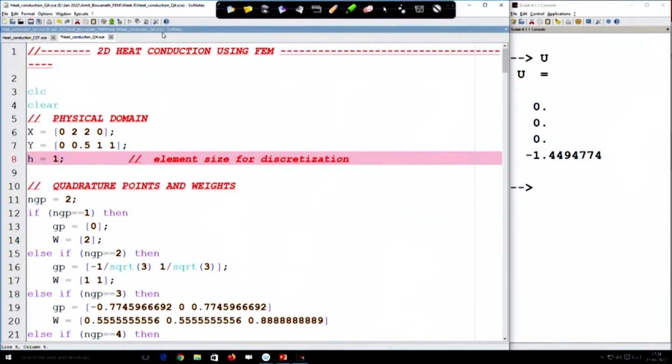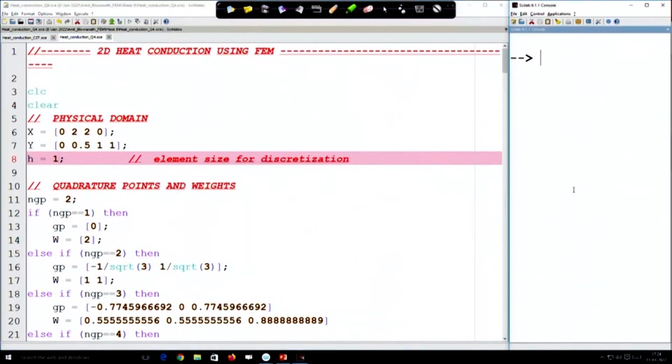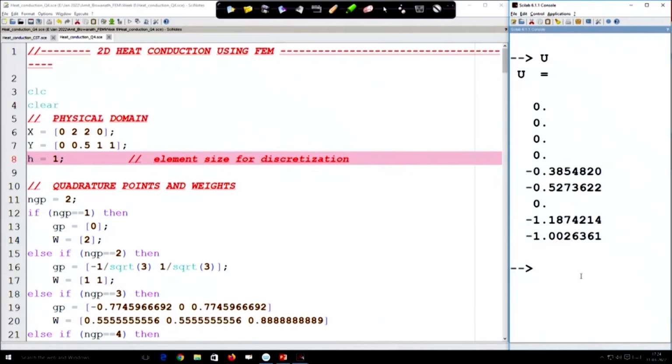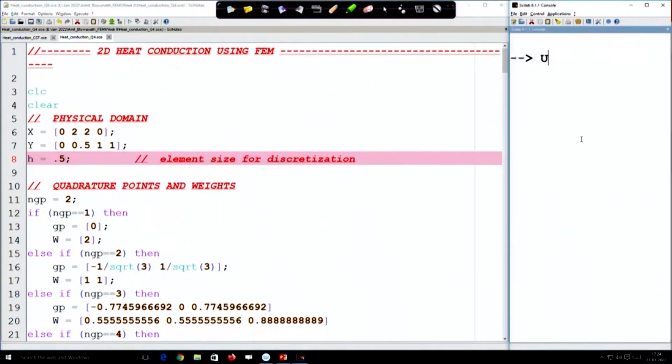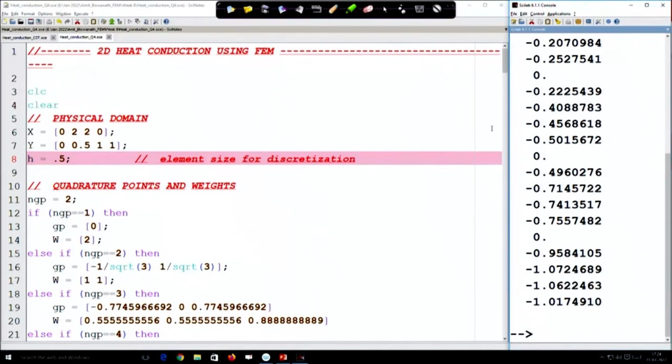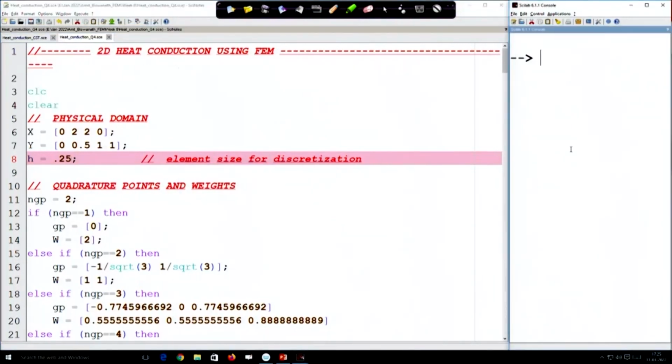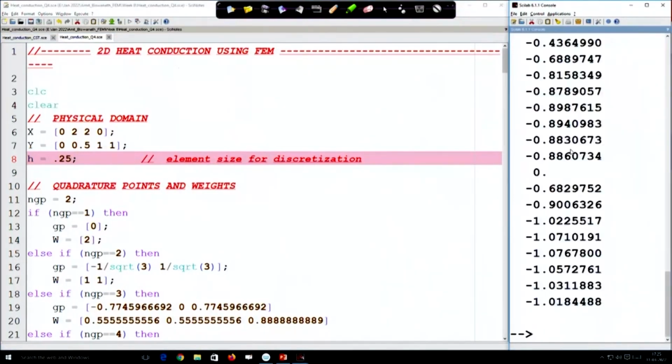Let's make the element size 1, then check U, and then make it 0.5. U will be minus 1.017. This is a similar result to what we obtained before. Again it is not changing much. Make it 1.